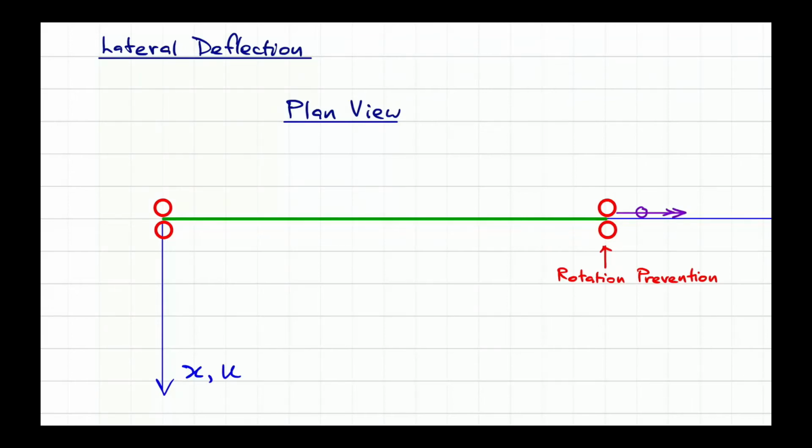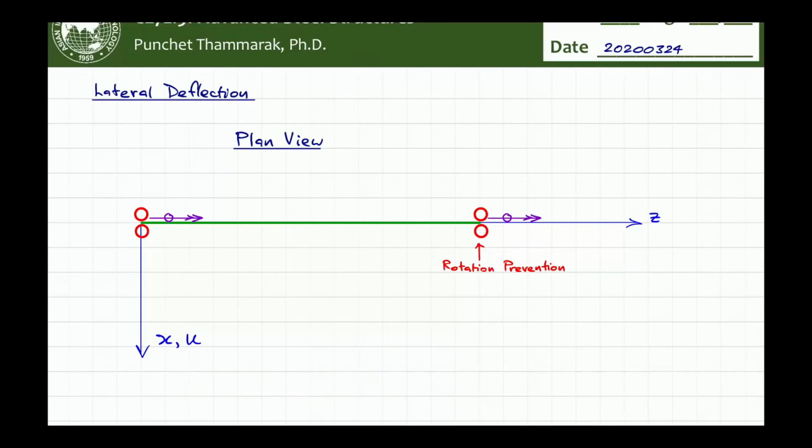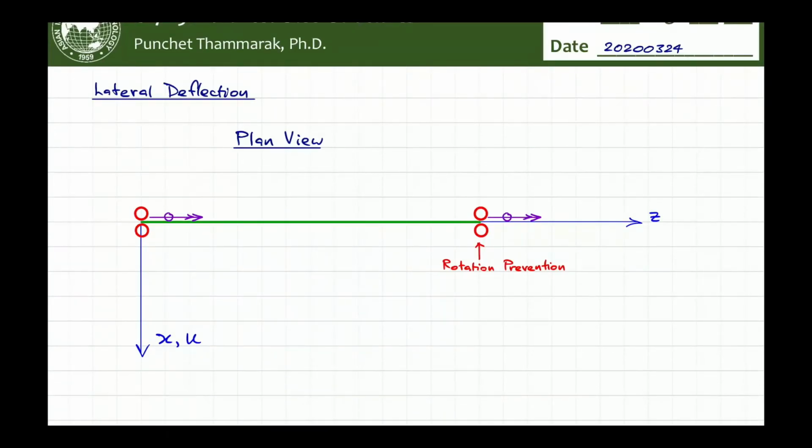Now, we have all of this regarding the boundary condition that controls the equilibrium in the X direction. This restraint prevention does not restrain the moment about this direction. So it is more or less like the roller support like this, or the pin support.